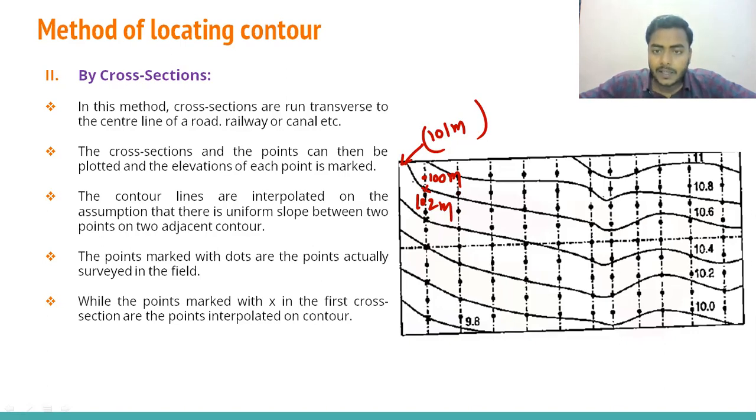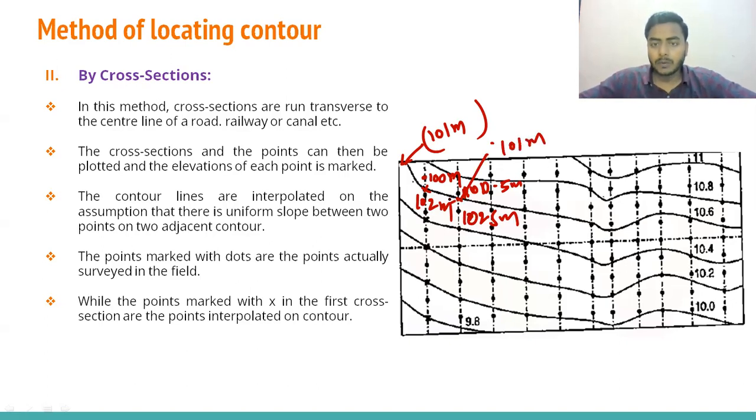Now this point is around, let's say, 100.5 meter, for example, and this point is coming 102.5 meter. So by interpolation, we got this point showing 101 meter.